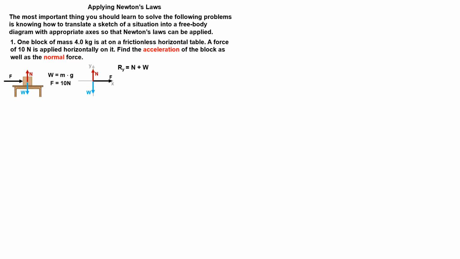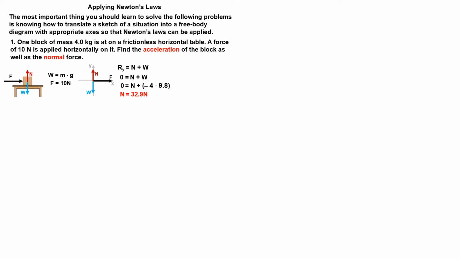Thus, in the y direction, the magnitude of the normal force is equal to the magnitude of the gravitational force. In other words, the normal force cancels out the weight. The signs of the components must be consistent with the axis direction, thus the weight is negative.